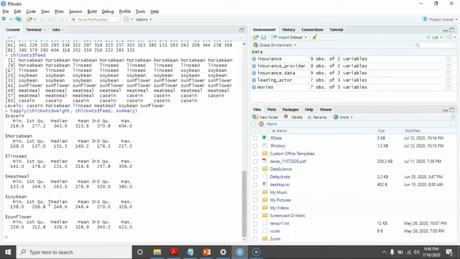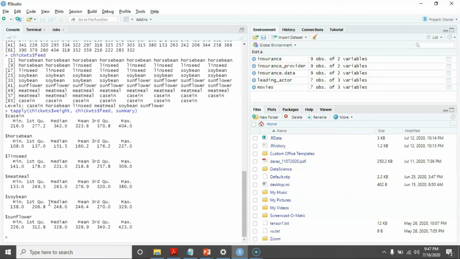Okay, so you can see here that I have used the first attribute weight and the second attribute feed. What it did was calculate the minimum, first quartile, mean and maximum for each of these feeds. So you can see casein, horse bean, linseed, meat meal, soybean, sunflower.